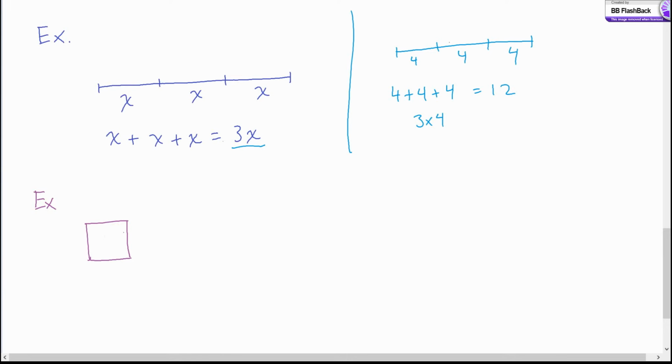What if we had a square and it had an area of 4y squared? What is the length of a side?